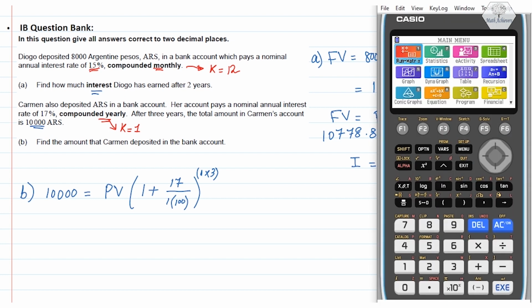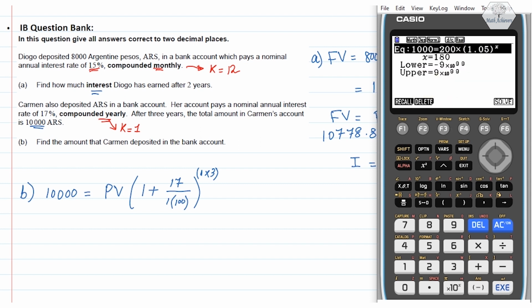So I go to menu, and then I go to equation, and then I go to F3, the solver, and just delete what is there. I have 10,000 equal to the present value, let me make it x, times (1 plus fraction 17 over 100) to the power of 3.